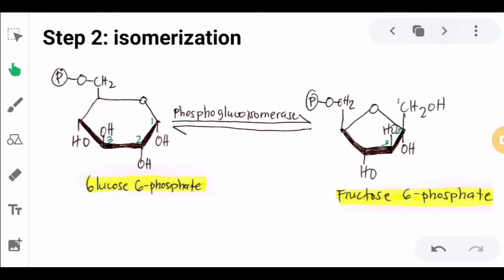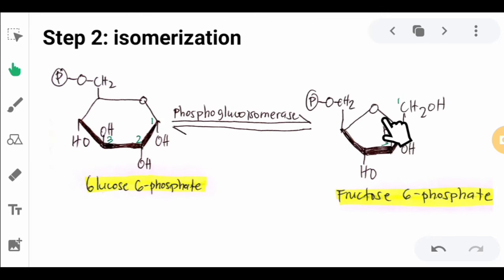Now, for step 2, isomerization. Isomerization is the rearrangement of the molecule. You have here your glucose 6-phosphate, and with the help of the enzyme phosphoglucoisomerase, it will isomerize this into a 5-member ring. So we have here 1, 2, 3.